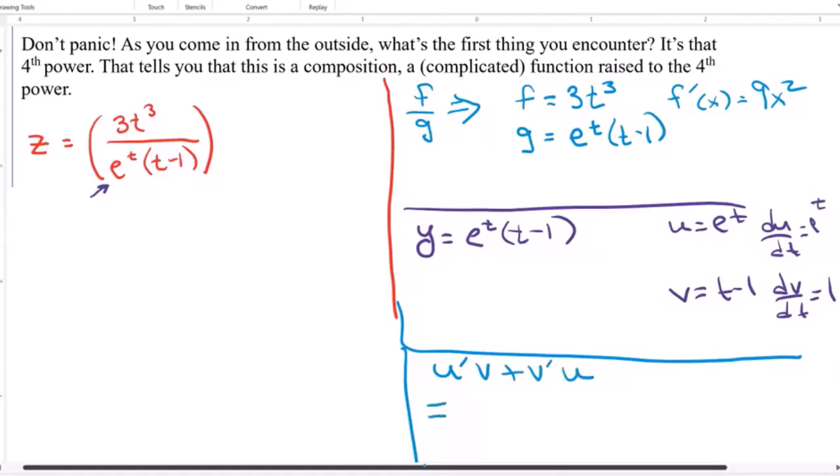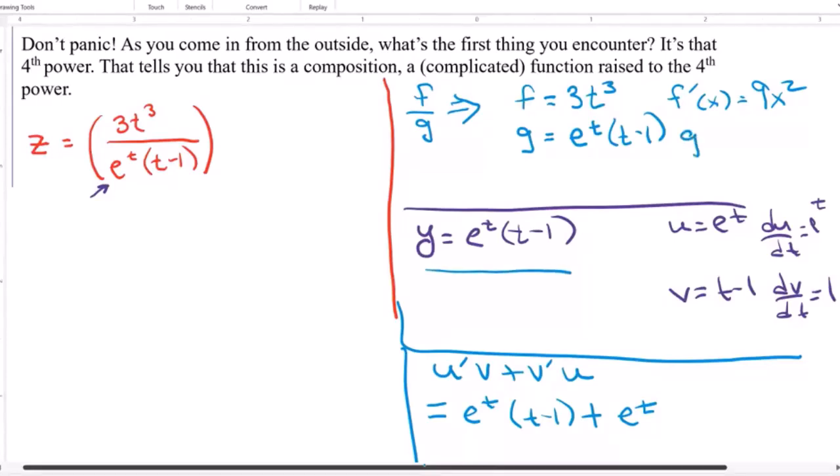And we have the derivative of u, e to the t, times v, t minus 1, plus the derivative of v, that's 1, times u, e to the t. So now I found the derivative of this.